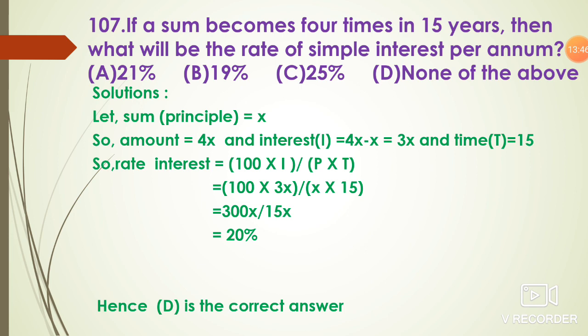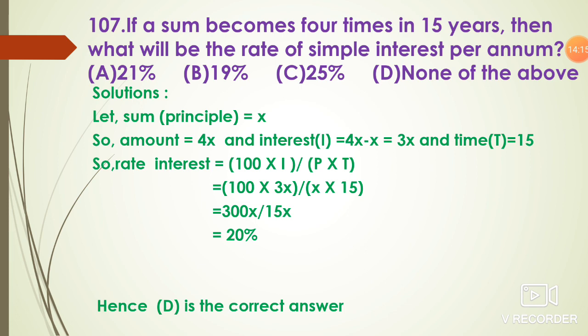Question number 107. If a sum becomes 4 times in 15 years, then what will be the rate of simple interest per annum? So we assume that the principal, that means the sum, be x. So amount after 15 years will be 4x, because it will be 4 times. So the interest is 4x minus x, that means 3x, and time is given 15 years.